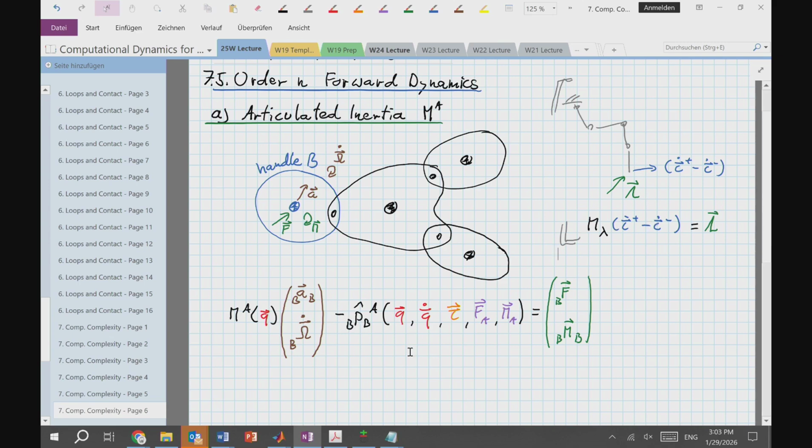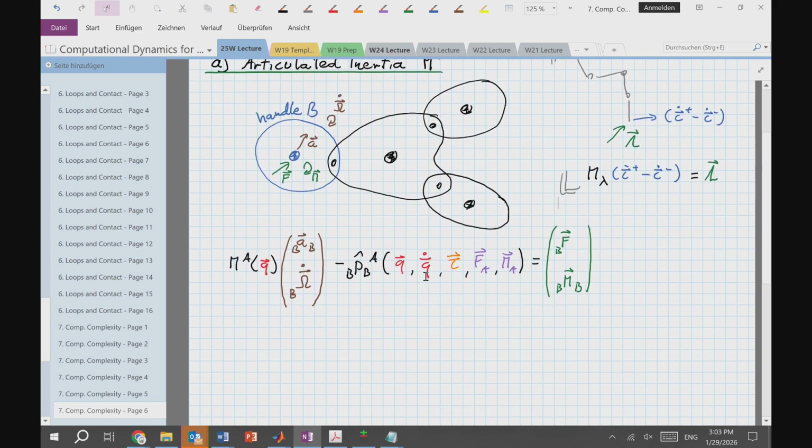But I hope you believe that this is at least feasible, right? That for the system that lives in this space where we know the joint torques, we know the external forces acting on it, we know the velocities of the joints, we will be somehow able to set up a system like this.